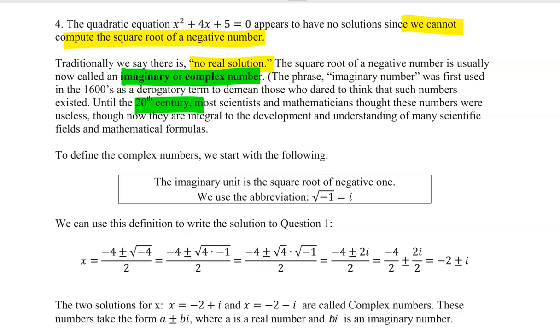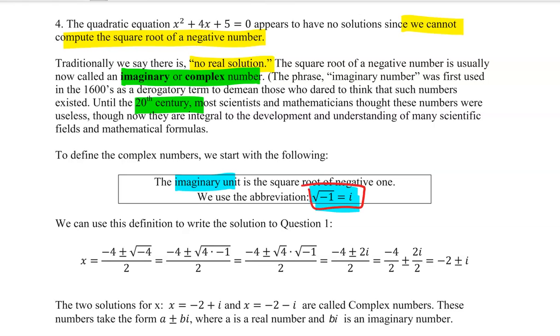Until the 20th century, most scientists and mathematicians thought these numbers were useless, though now they are integral to the development and understanding of many scientific fields and mathematical formulas. To define the complex numbers, we start with the following. The imaginary unit is the square root of negative 1, so we use square root of negative 1 is equal to i.